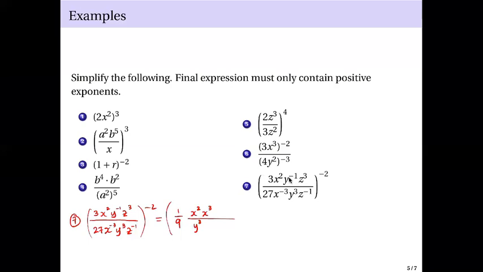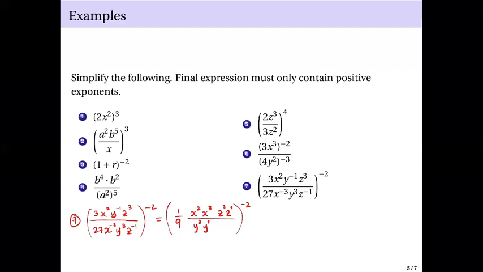From negative 1, it becomes plus 1. So y raised to 1. And then also for the z cube over z raised to negative 1, z cube will be retained in the numerator. Z raised to negative 1, we now bring it to the numerator and you'll have z raised to 1. Then all of this quantity raised to negative 2.